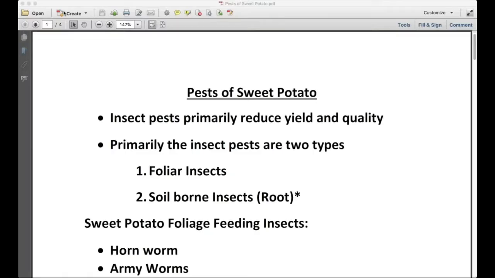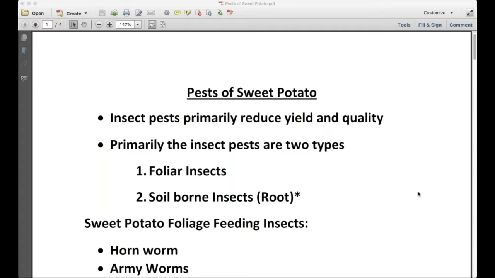Today, based on the lunchbox, I just wanted to discuss briefly about the major pests of sweet potato. As you can see on the screen, primarily the insect pests reduce the yield and quality.